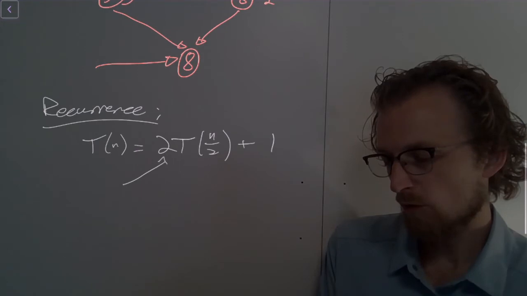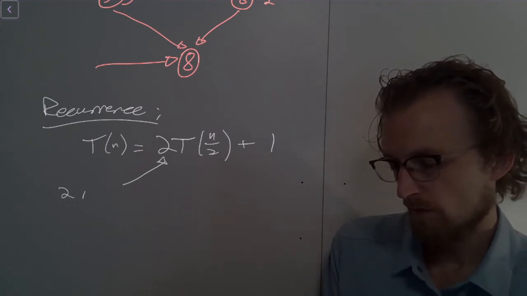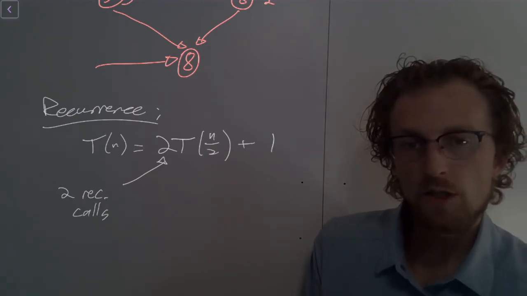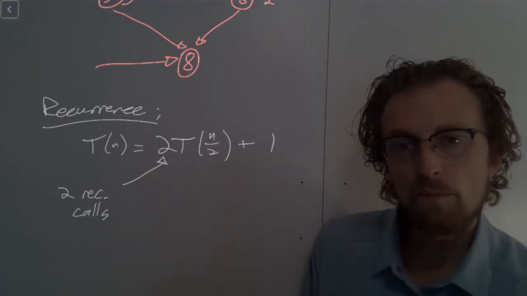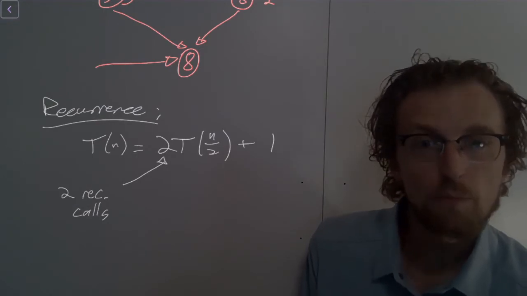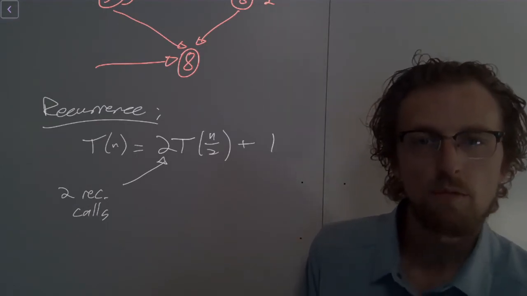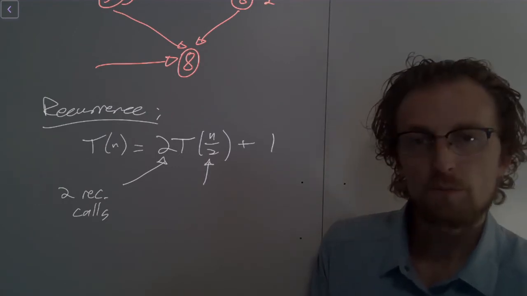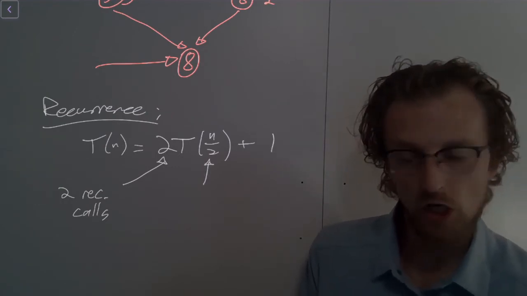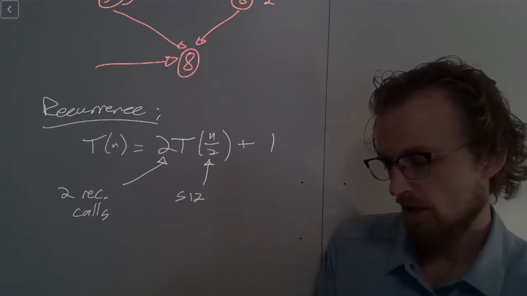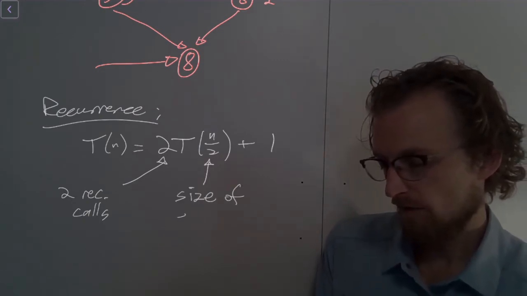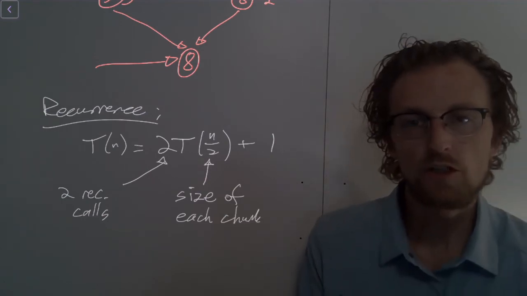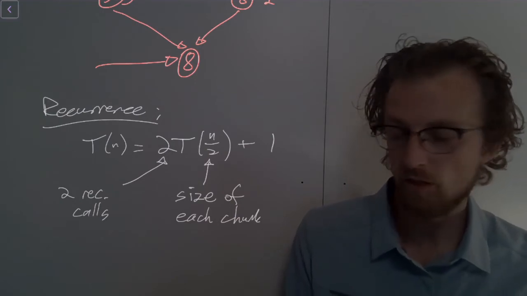I am making two recursive calls. Right? And so this corresponds to the number of chunks or subproblems I have to solve. So the number of chunks in my divide and conquer algorithm. This one corresponds to the size of each chunk. Okay, so each chunk is half the size of the original array.